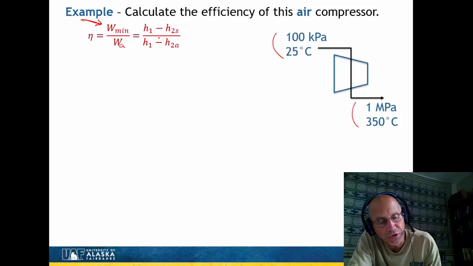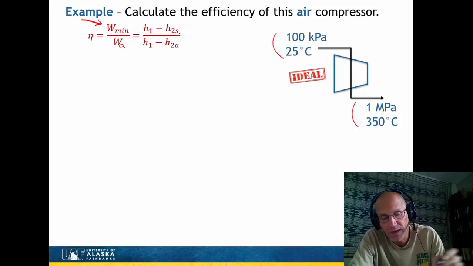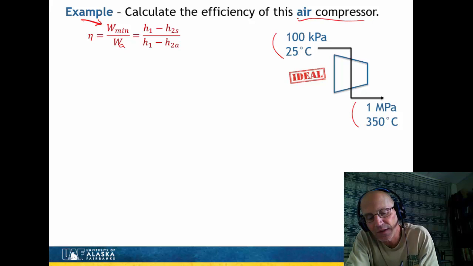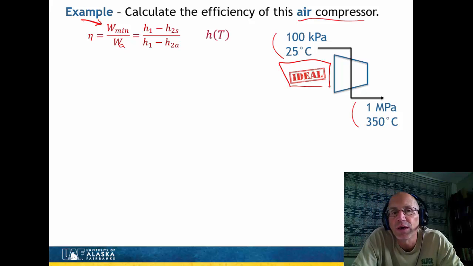Again, sticking with the notation of the book, I've got h1 being my inlet enthalpy, and the subscript s meaning the isentropic state. Now, with the air compressor, we're a little different than the examples we did before in that when I've got an ideal gas, remember, the enthalpy is only a function of temperature.